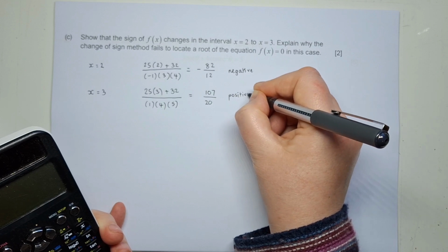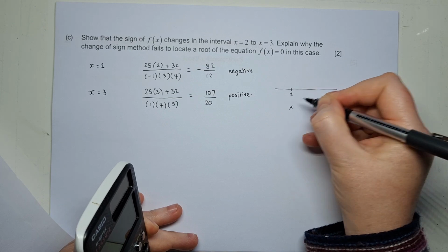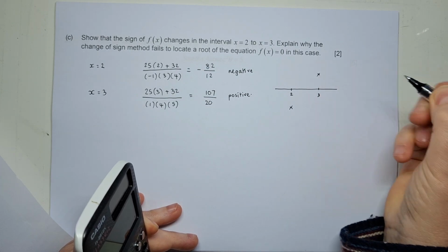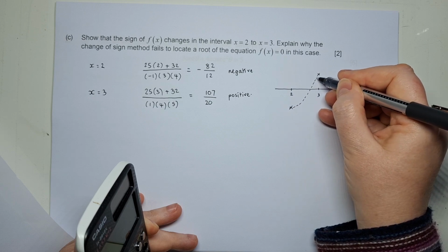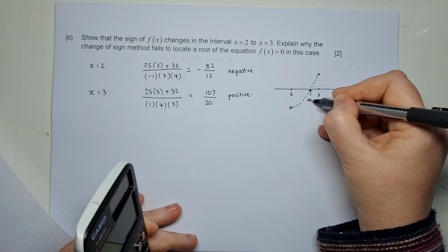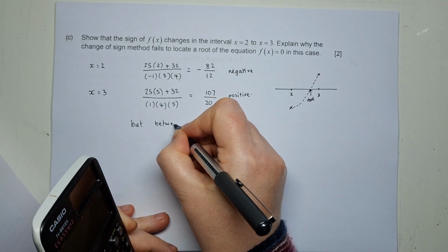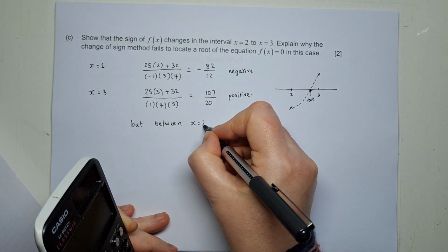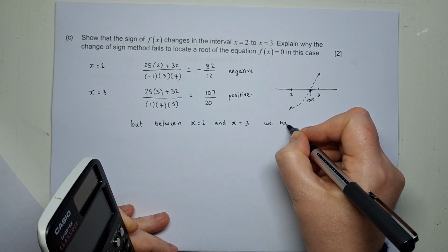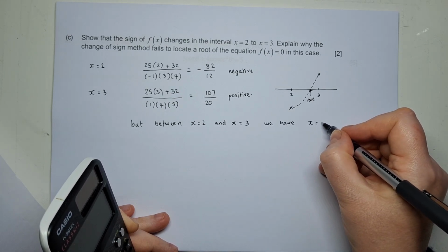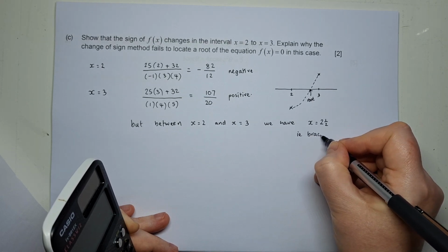Now, normally, if you have a value where it's negative and a value where it's positive, then you would expect to say that somewhere in between, your graph is going to find a root of the equation. But in this case, we've got a problem, because between x equals 2 and x equals 3, we have x is 2.5, and 2.5 was one of our brackets.